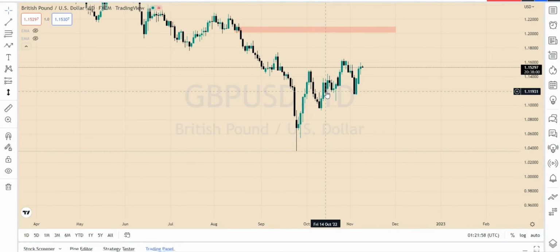Let's now look at how to trade the same M pattern in a bullish market condition. And with this example, we'll be using USD JPY because it is the pair that is currently in a bullish market.